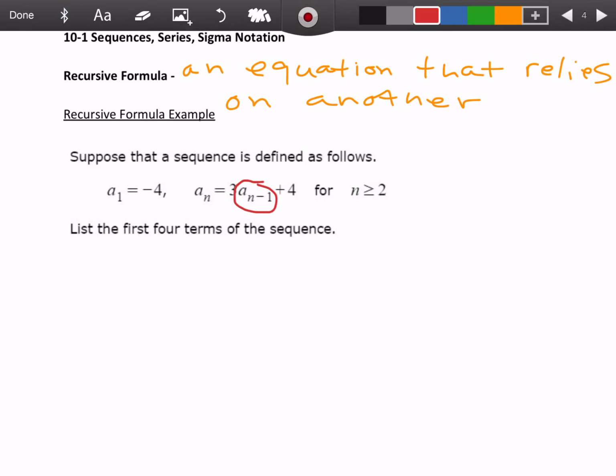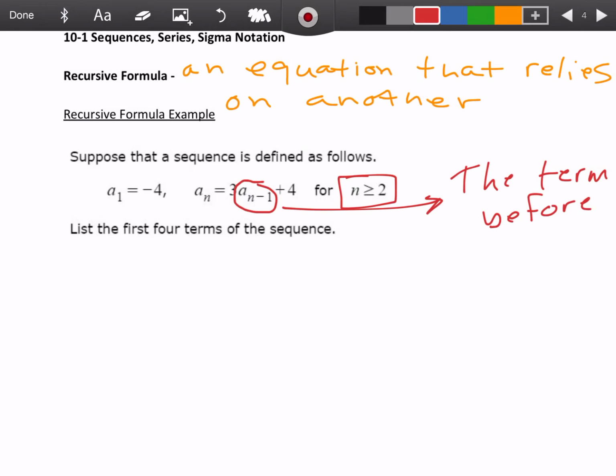A of n minus 1 just means the term before. So basically what it's saying is take the term before, multiply it by 3, and then add 4 to it. And then all this means is that you have to start at 2, because they give us what our first term is over here.